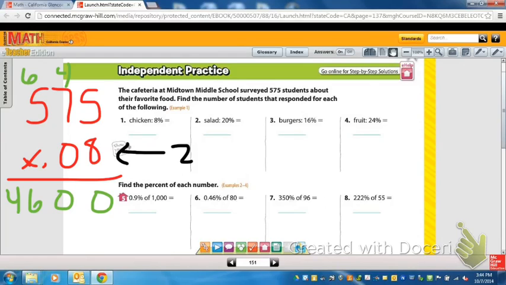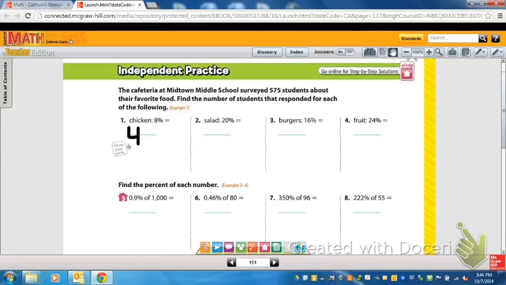I've got 2 decimal places here, so I need to move my decimal 2 places to the left. 1, 2. So I have 46.00, but we don't want zeros at the end, so our answer would just be 46. So 8% of 575 is 46.